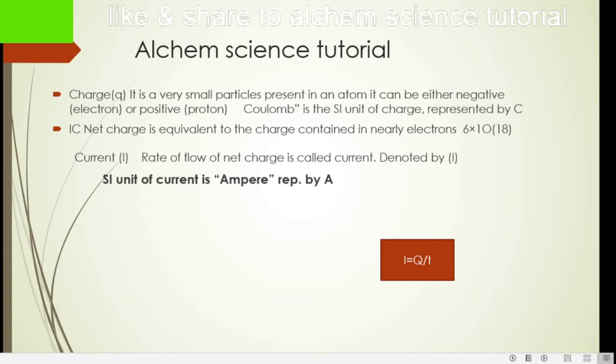Right now we will understand what is meant by current. Current is nothing but the rate of flow of charge in any system.